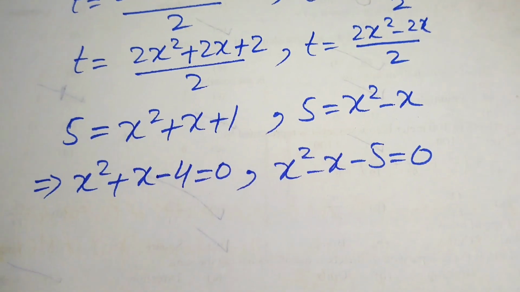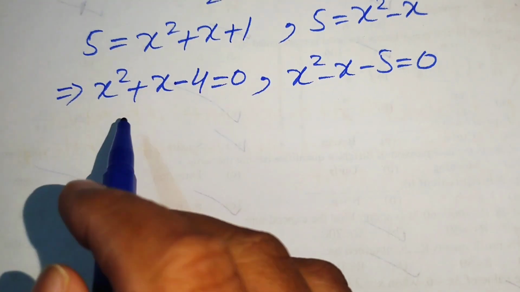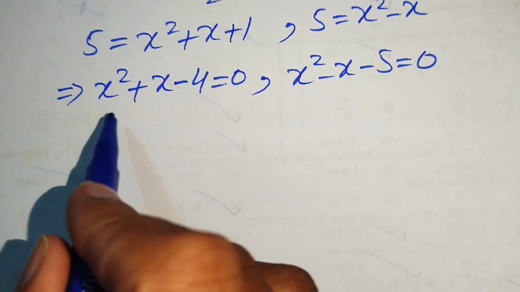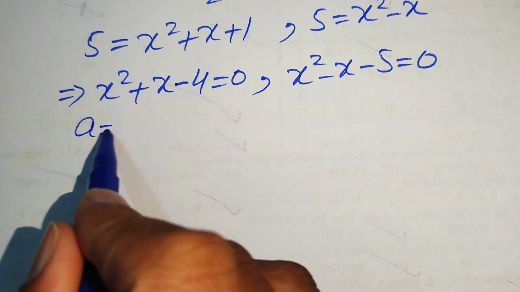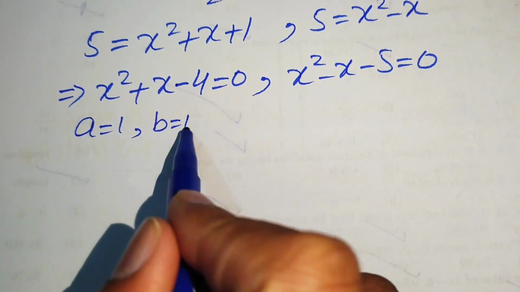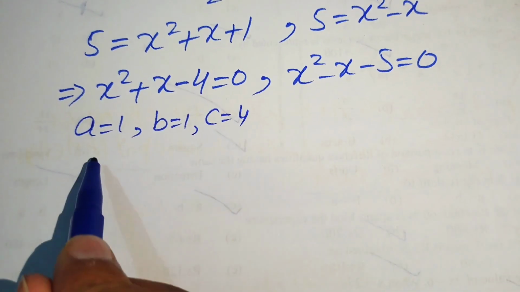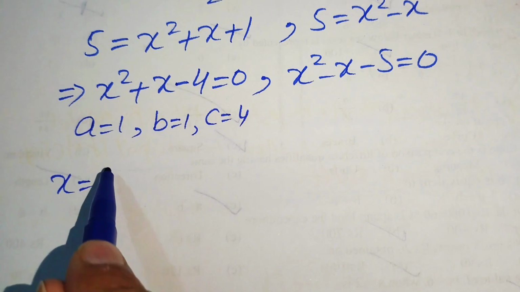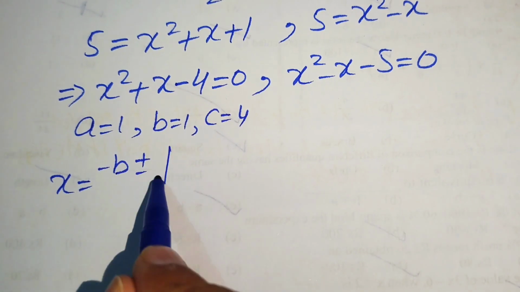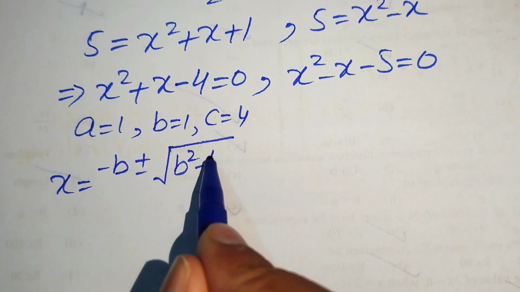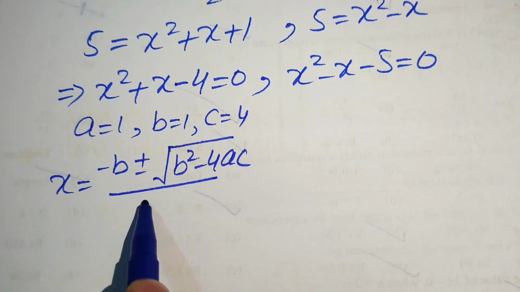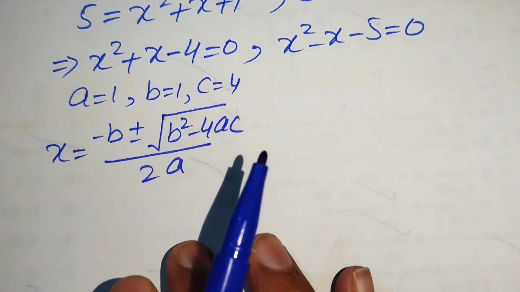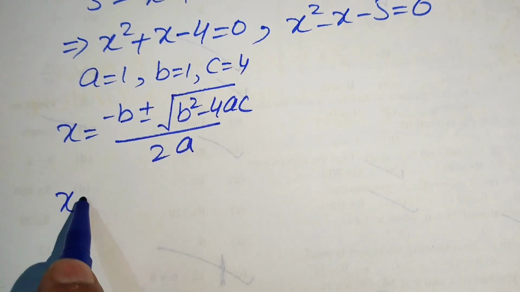So now you see here we have the two quadratic equations. In order to find the values of x we need to apply the quadratic formula here. So we have a = 1, b = 1 and c = −4, and the quadratic formula is written as −b ± square root of b² − 4ac, divided by 2a, and here we substitute these values of a, b and c.